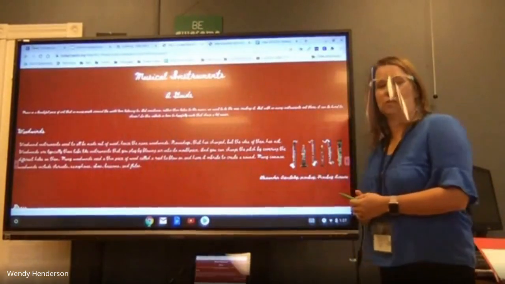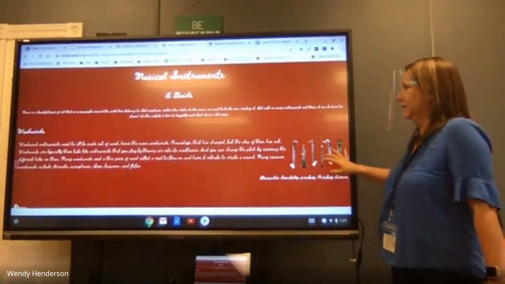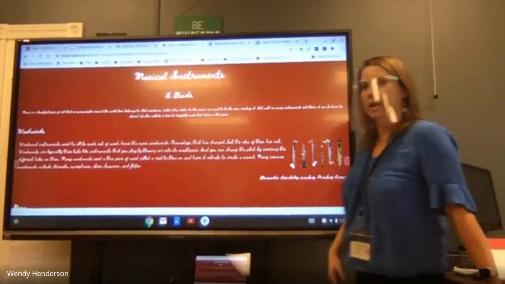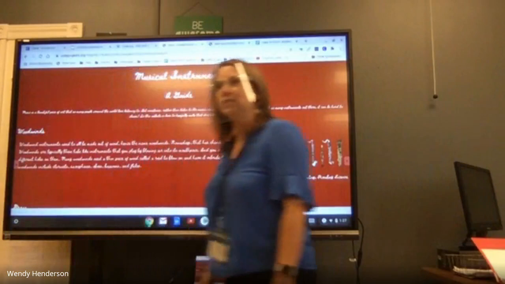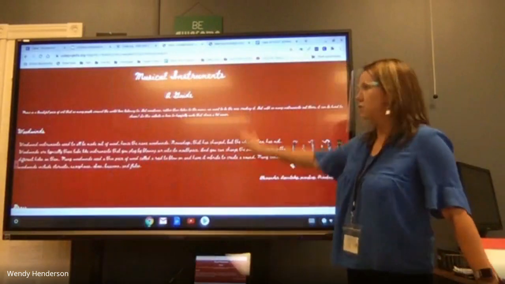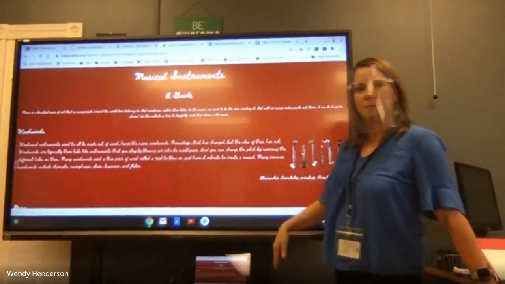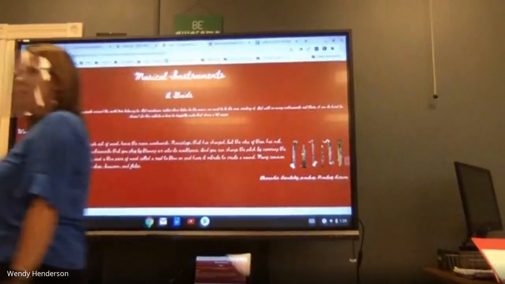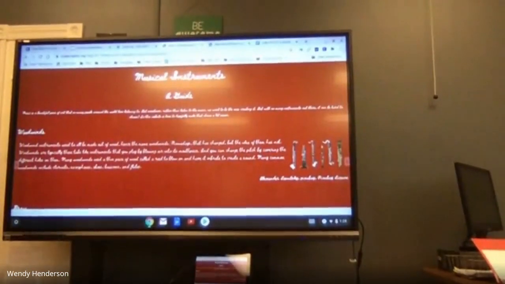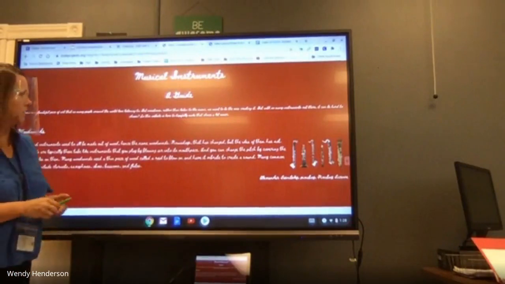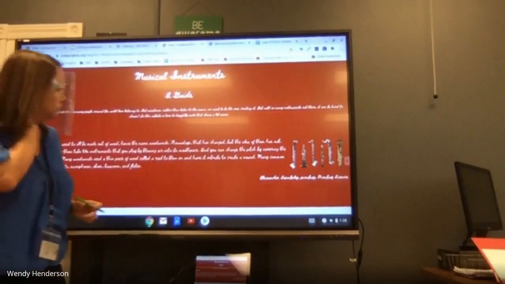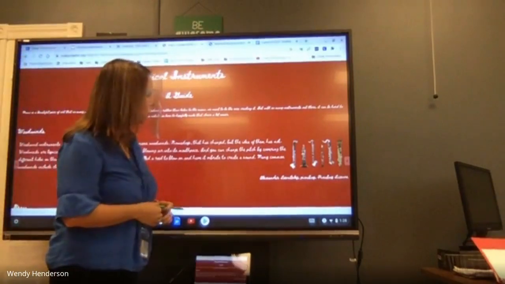So, talking about the font, it's hard on this one. I had to move like this so that I could be right in front of it to be able to read it. Can you guys read it? Yeah, I can read cursive. It's hard to read though. You could copy it and then paste it in Google Docs and change the font. So it says, music is a beautiful piece of art that so many people around the world love listening to, but sometimes rather than listen to the music, we want to be the ones creating it.